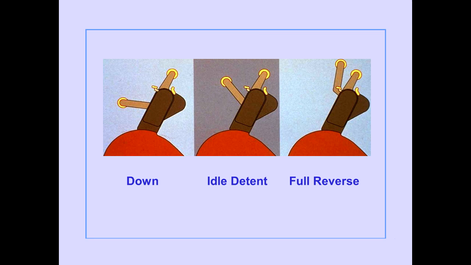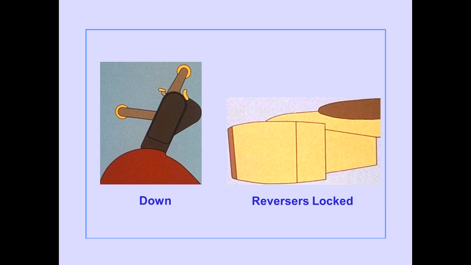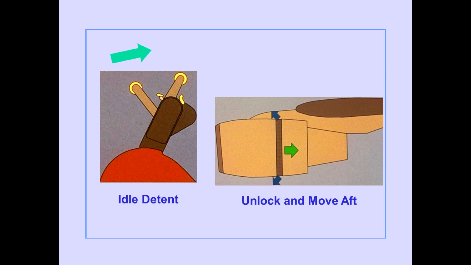The reverse thrust levers can be moved from the down position to idle detent to full reverse. When the reverse thrust levers are in the down position, the reversers are locked in the stowed position. Raising the reverse thrust levers to the idle detent applies bleed air to the reversers.